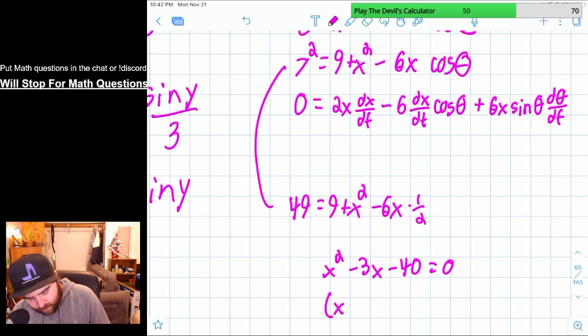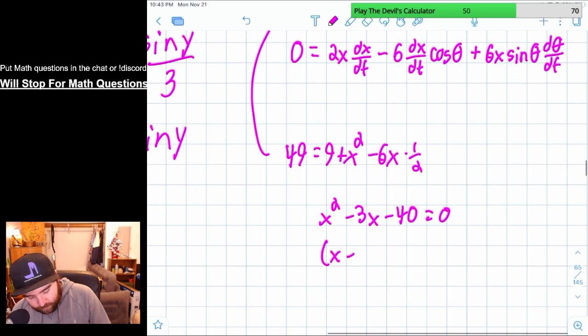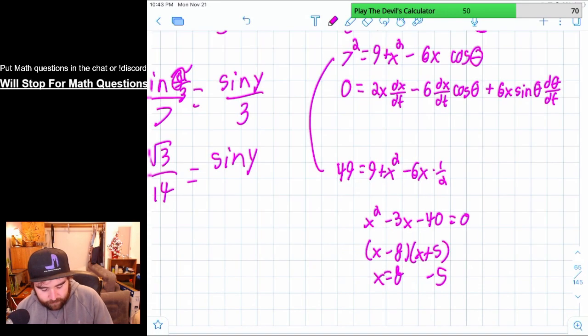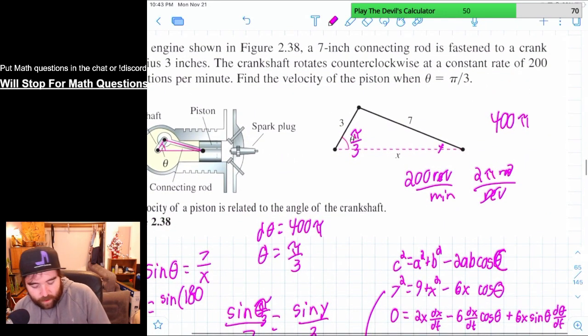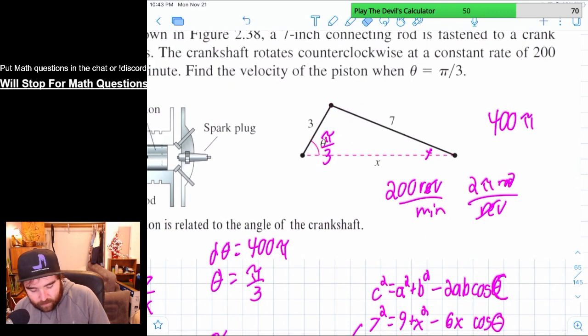So then you factor, and that's x minus 8, x plus 5. So we get x equals 8 or negative 5. And you would know that's your ambiguous case.